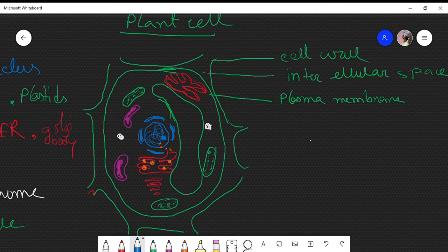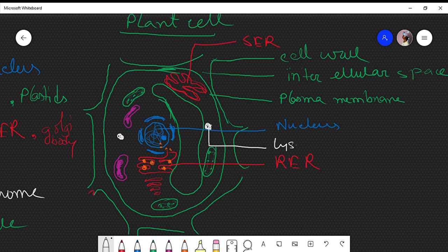And this thing here is the nucleus. This is the RER, rough endoplasmic reticulum. This is the SER, or the smooth endoplasmic reticulum. This thing is the lysosome for security.